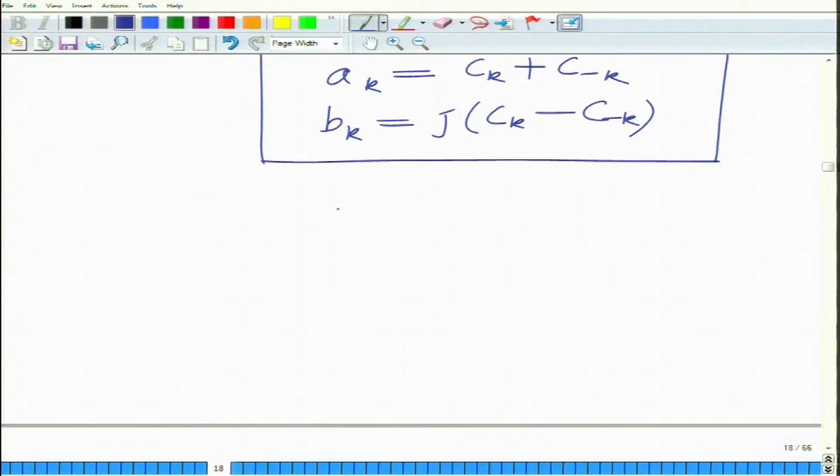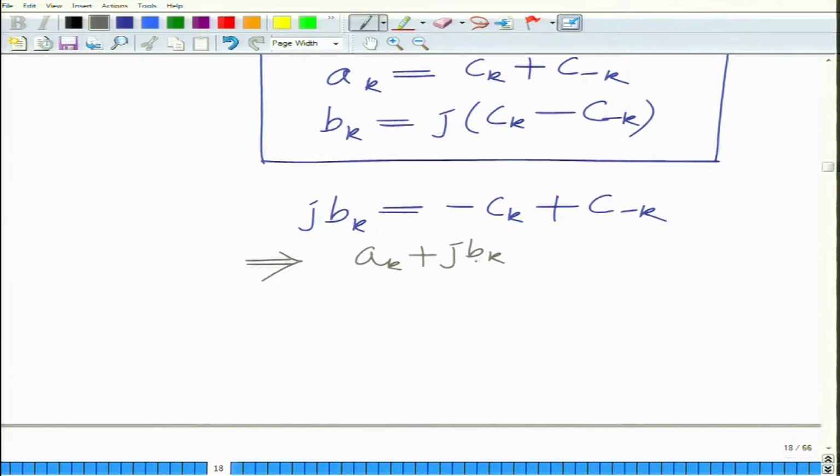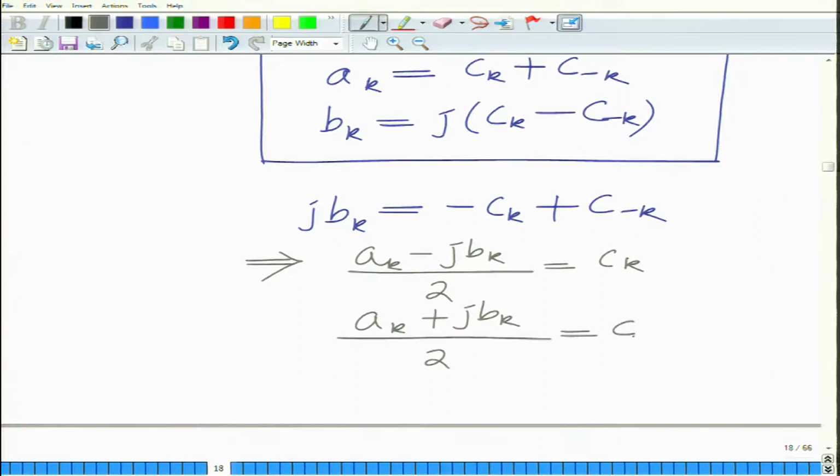Now, the Fourier series in terms of the trigonometric Fourier series: you can see that j times bk equals j into j, that is minus 1, times ck minus c minus k, which implies that ak minus j times bk divided by 2 equals ck, and ak plus j times bk divided by 2 equals c of minus k.